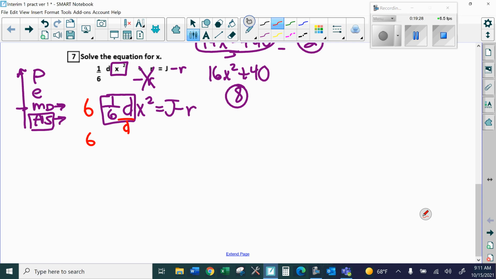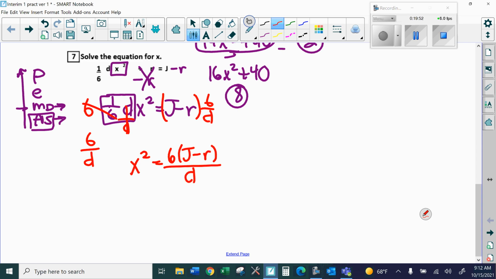So I'm going to be multiplying by 6 over d on both sides. The 6 cancels there in the numerator, and then the d cancels there. So I have parentheses over here, multiplying by 6 over d. So now I have x squared equals 6 parentheses j minus r all over d.